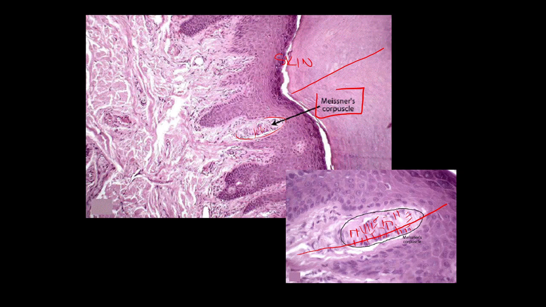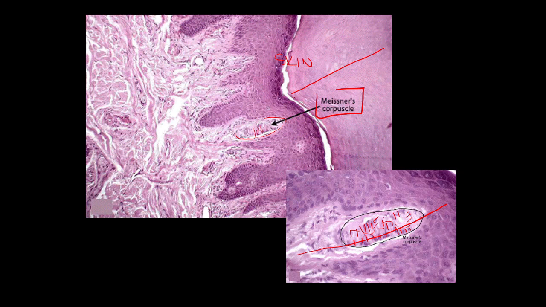They are responsible for light touch, or very low frequency stimuli, and they can deform their shape. We can find them in the fingertips and palms, because we can see there is thick skin in here.